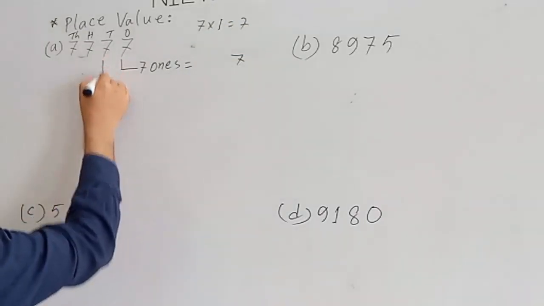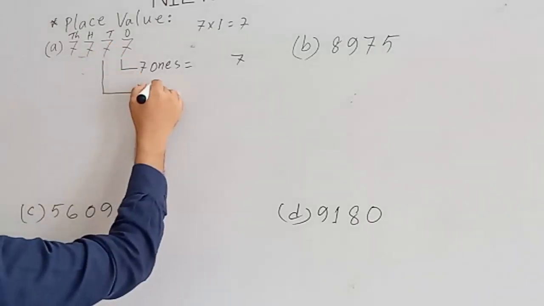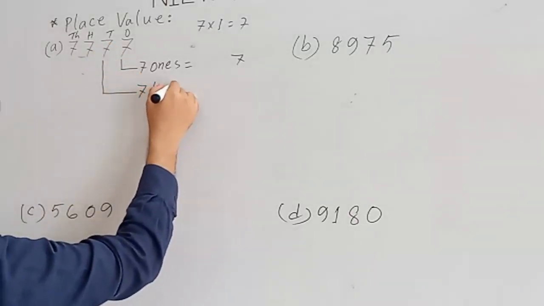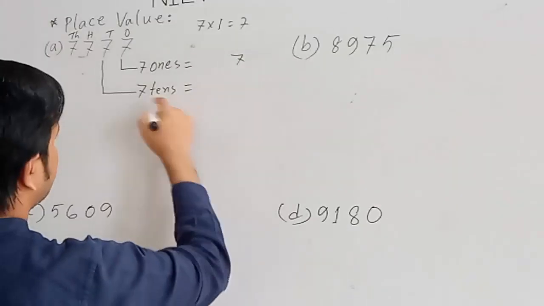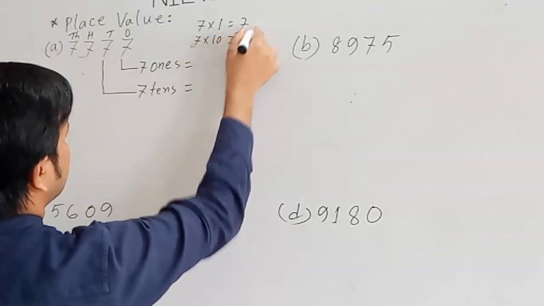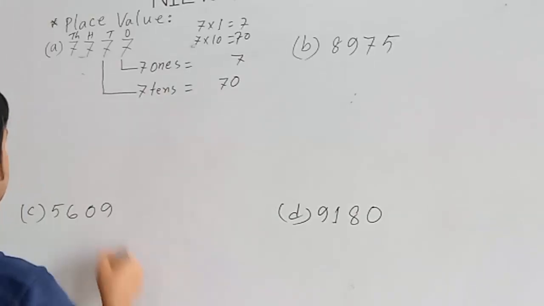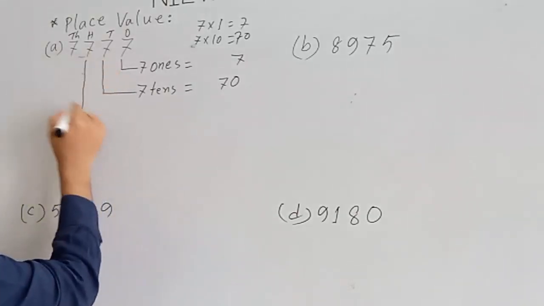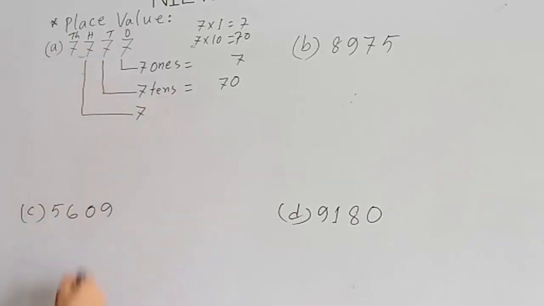Then the next digit is 7 again. This position is tens. So we'll write tens. So the value of 7 will be 7 tens are 70. So we can write here 70. Now the next digit again 7. This is hundreds position.